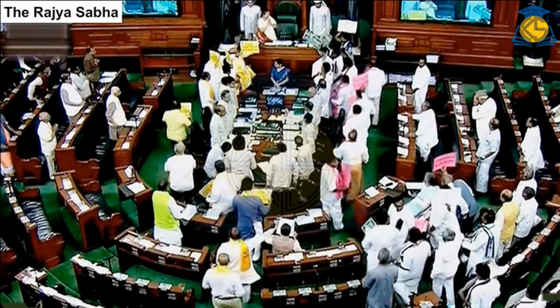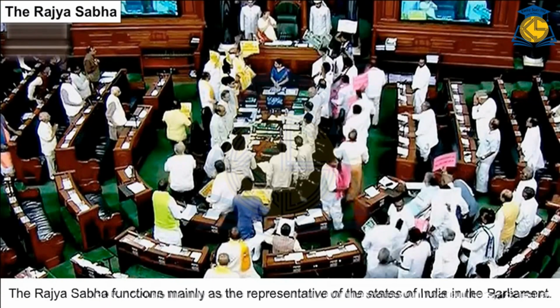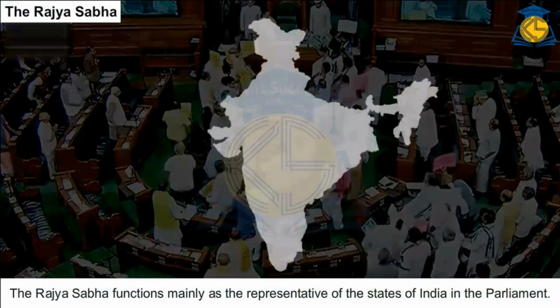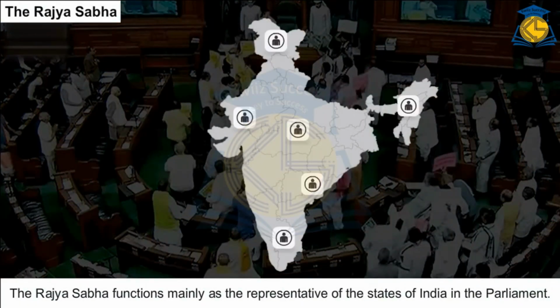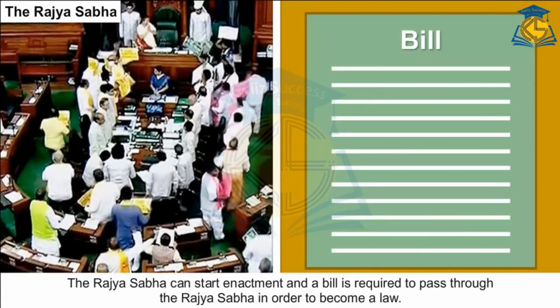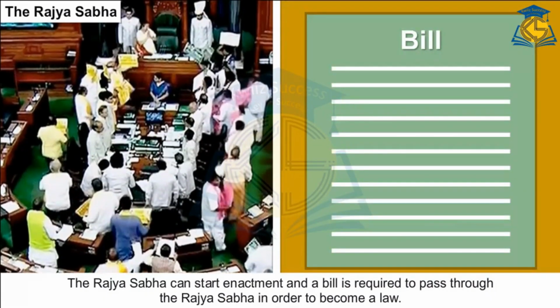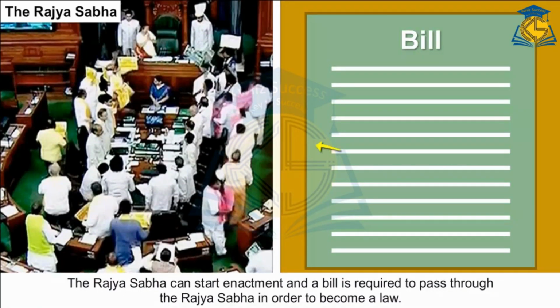The Rajya Sabha. The Rajya Sabha functions mainly as the representative of the states of India in the Parliament. The Rajya Sabha can start enactment and a bill is required to pass through the Rajya Sabha in order to become a law.